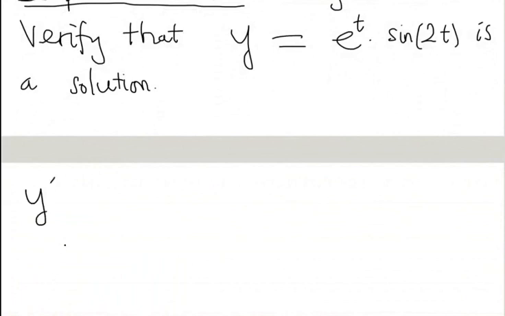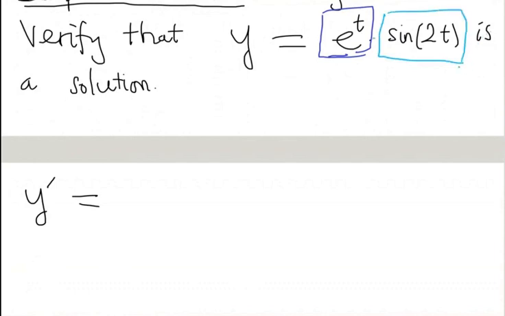So we compute the first derivative using the product rule. We have e to the t times sine 2t. This is the product of two functions. So by the product rule, we have the derivative of the first one, which is the derivative of e to the t.